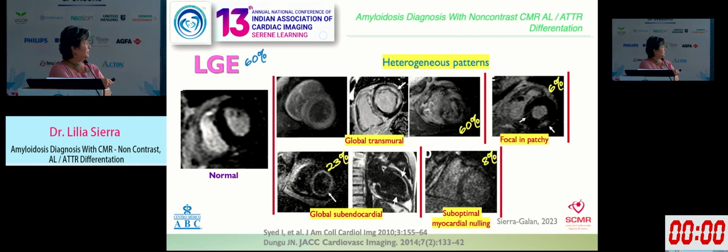Because only 60% of the cases with amyloidosis have LGE, and the pattern is completely heterogeneous.